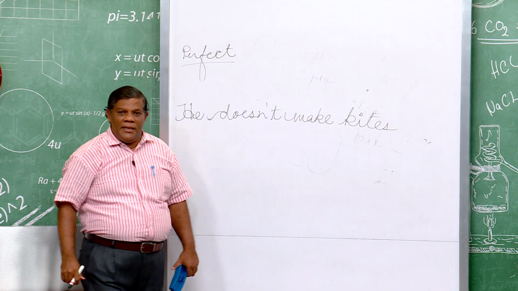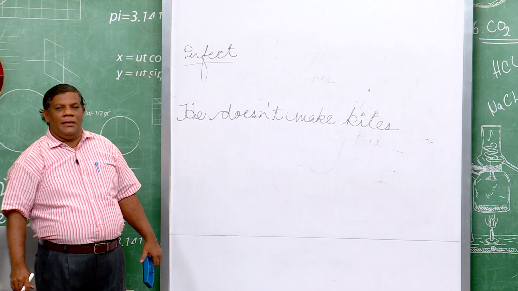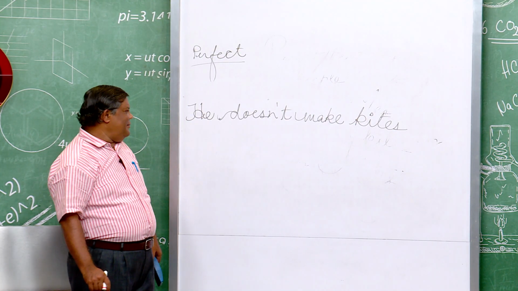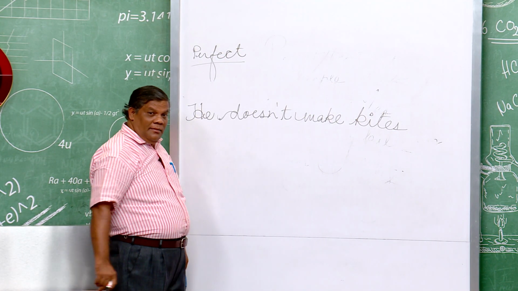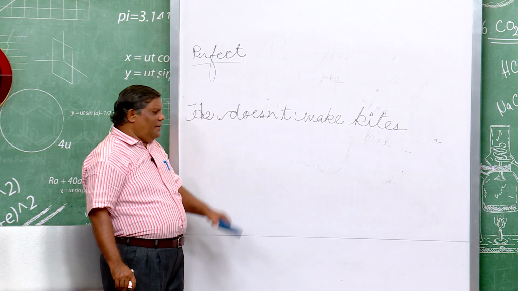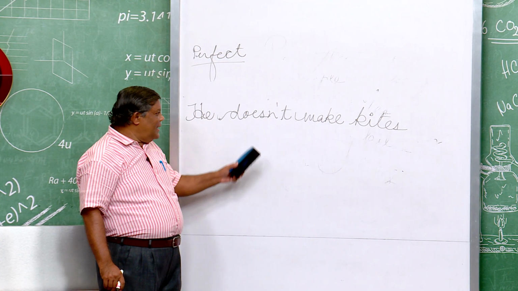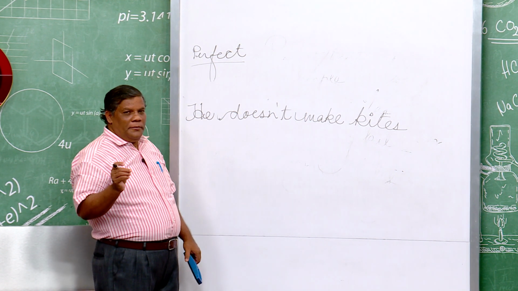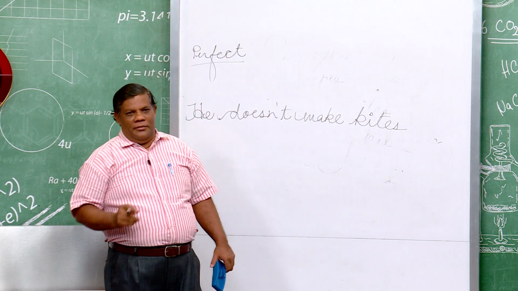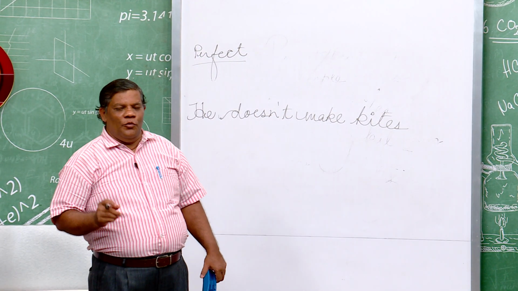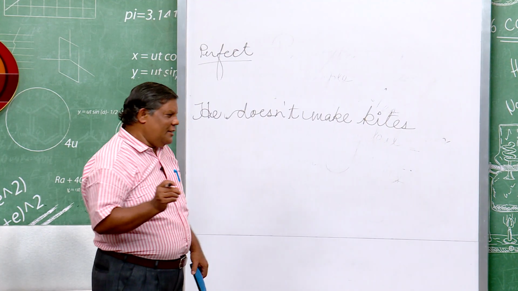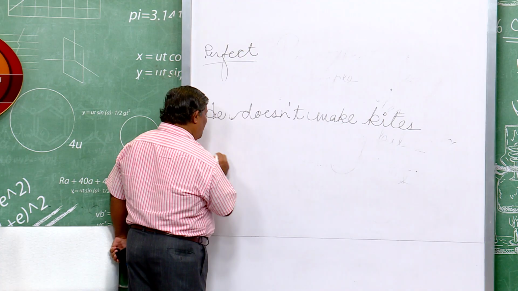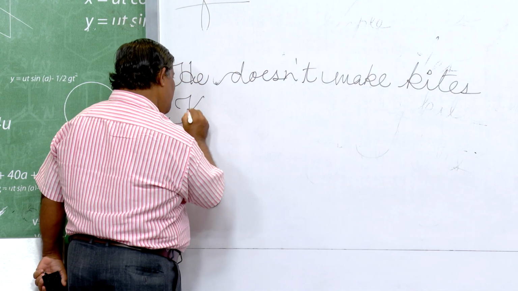He does not make kites. When we make this sentence into passive form, since it is a negative sentence, there is not here, and when we make it passive, we use not after the first verb. We use not after the first verb, and when it becomes passive, object first: kites.